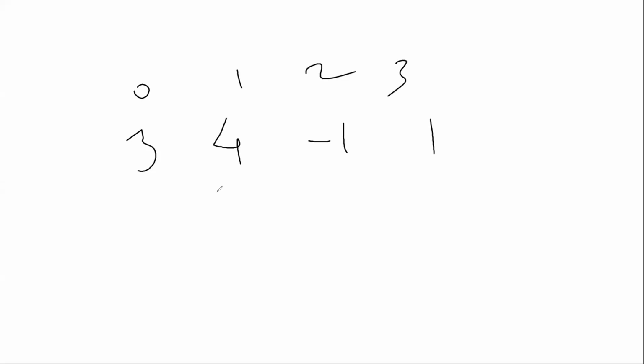And then I think we need to somehow mark that index 3 is already visited. If it's out of range, we will ignore it. Range in the sense of our size, max 4 size right here.